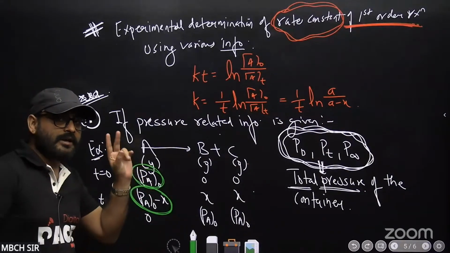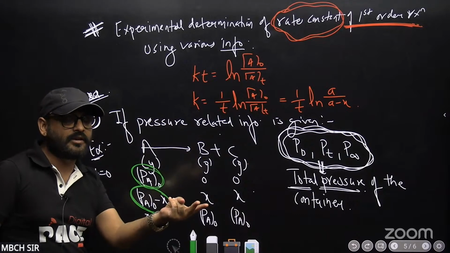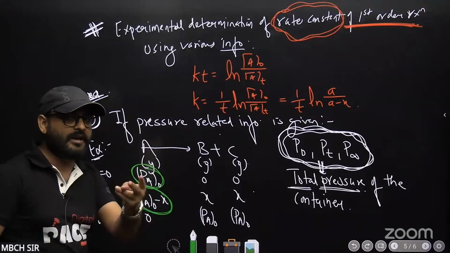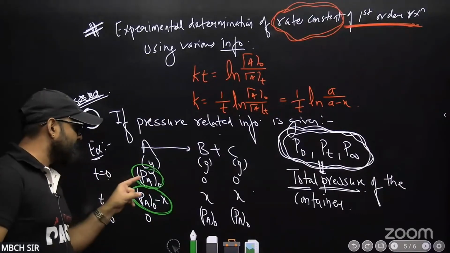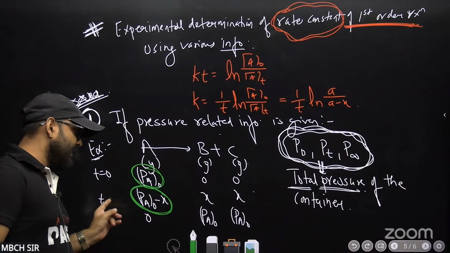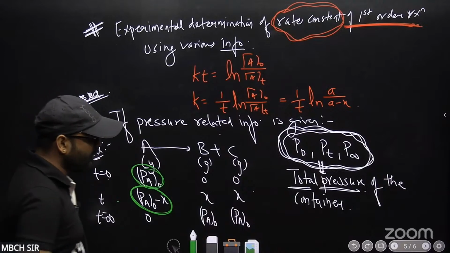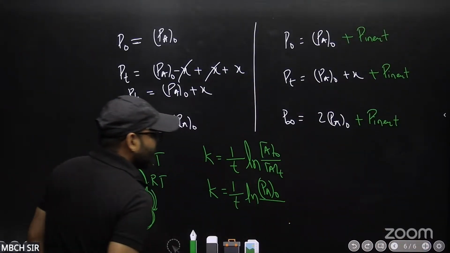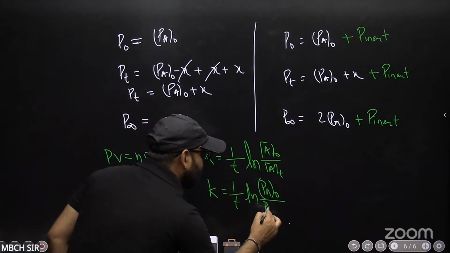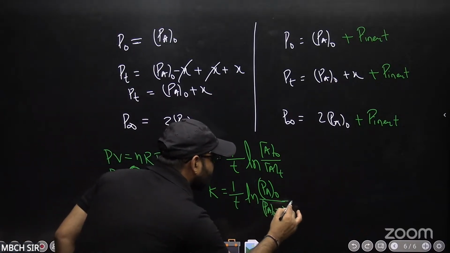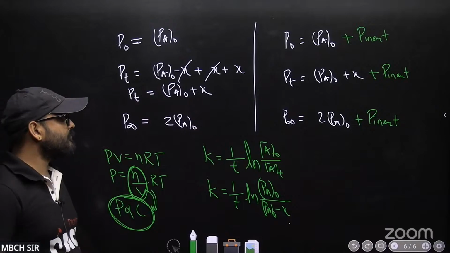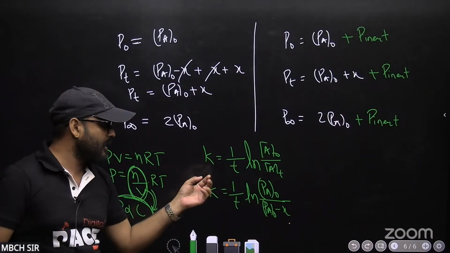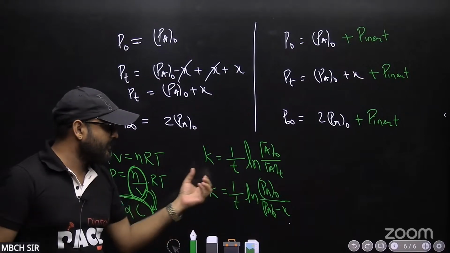I have to find these two values, PA naught and x. If I have these two values, then I will get the answer.